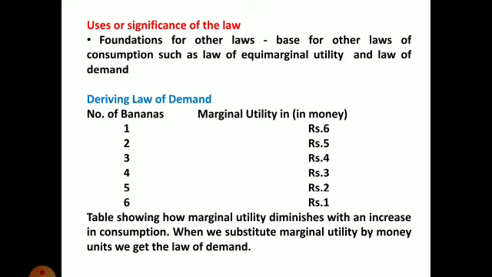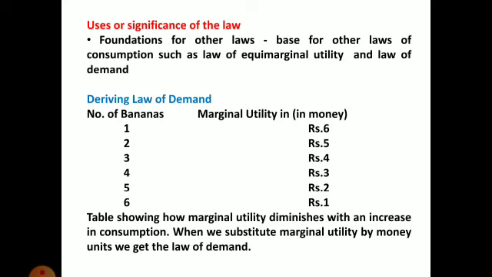The law of demand also tells us the same thing. What does the law of demand explain? The law of demand tells that the consumer is willing to demand more units at a lower price. Why is he willing to demand more units at a lower price? Because it is shown in terms of marginal utility.